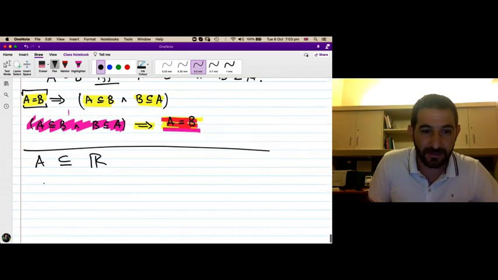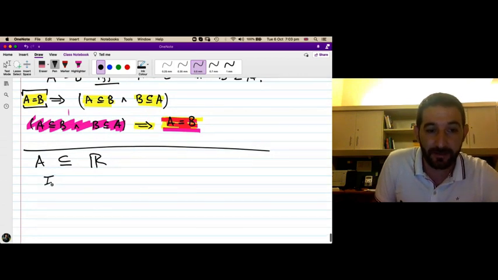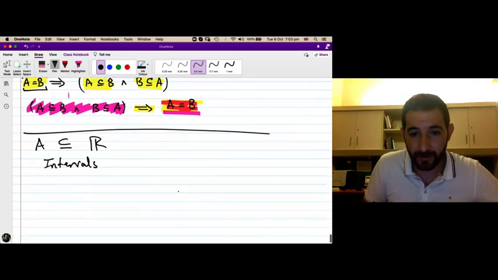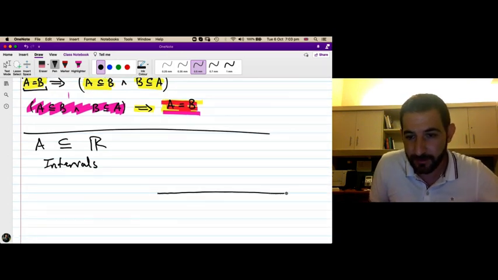Okay, famous subsets of real numbers are called intervals. And let me tell you what these intervals are. Here is the set of all real numbers.